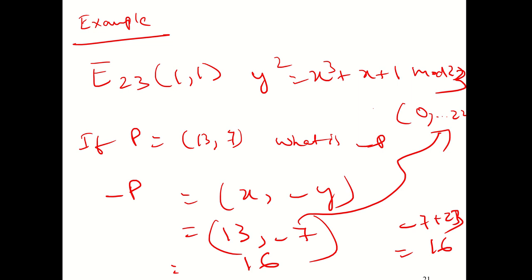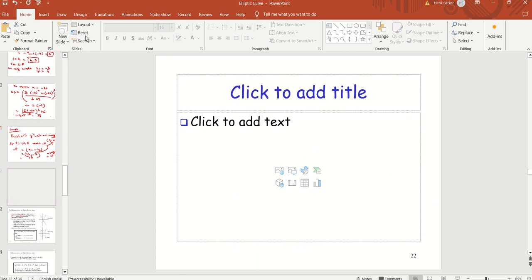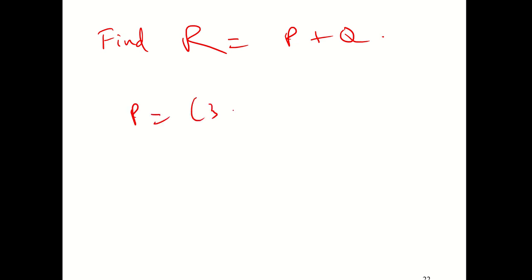So minus p is 16. Now the next thing that you need to find is r. r is nothing but p plus q. Say p is equal to 3 comma 10 and q is equal to 9 comma 7.